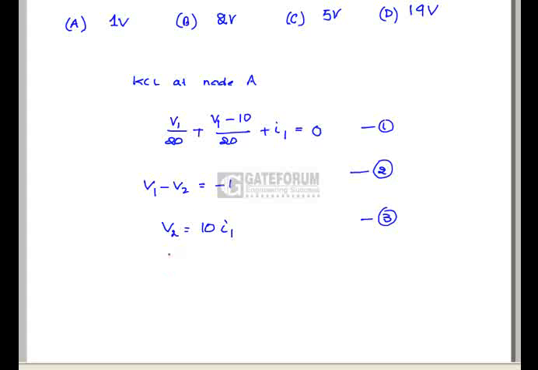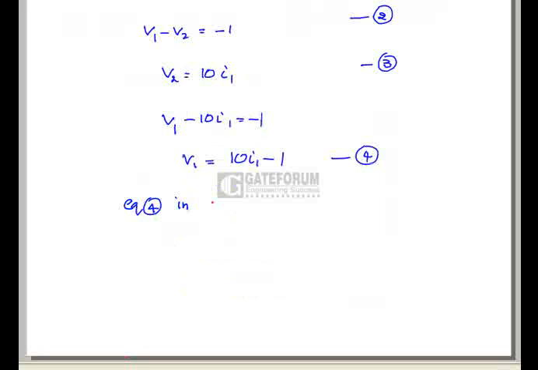Here V1 equals to 10 I1 minus 1, this is equation 4. So if we substitute equation 4 in equation 1 and solve for V1, then we will get V1 as 2 volts, which is option B is correct.